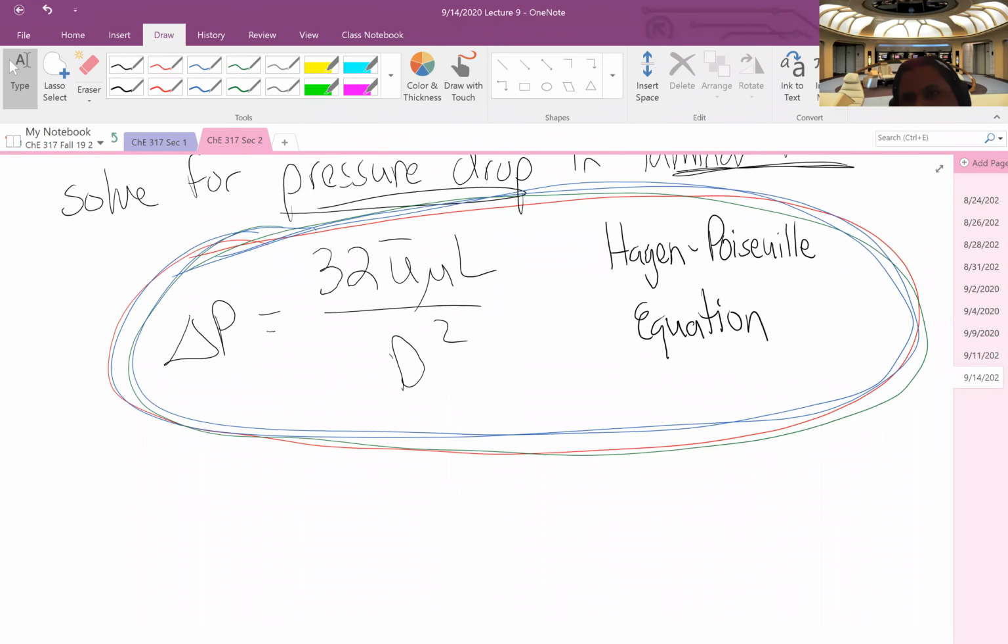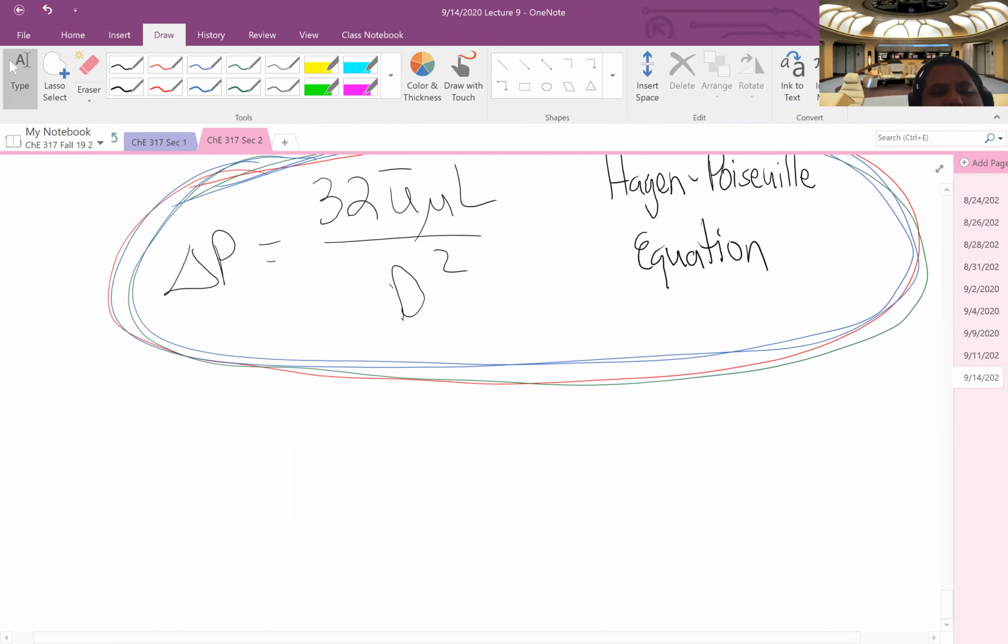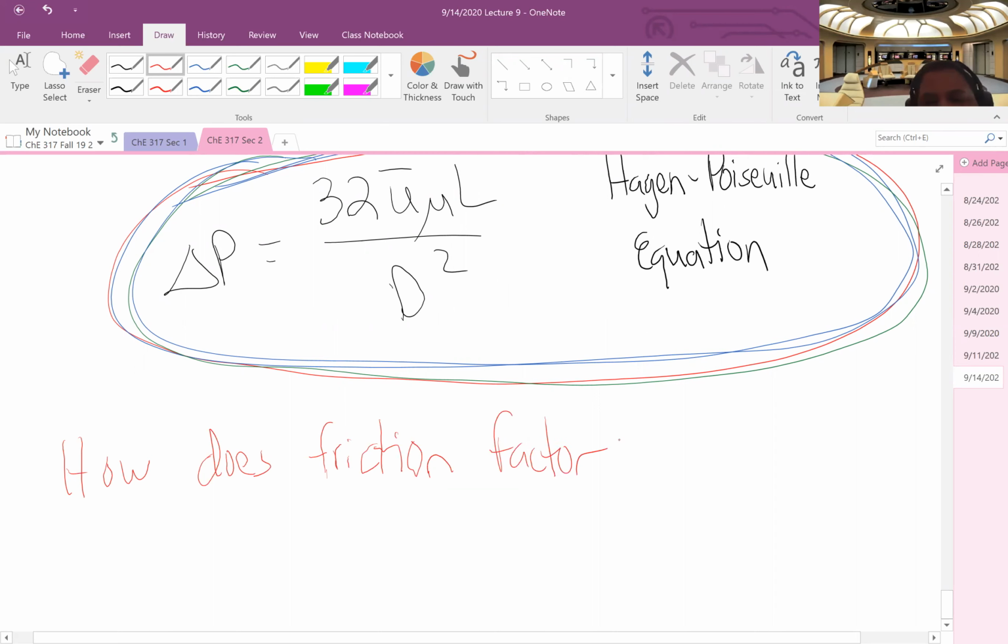So the last question that I want to answer in terms of laminar flow is, how does our friction factor influence our analysis of friction in laminar flow?